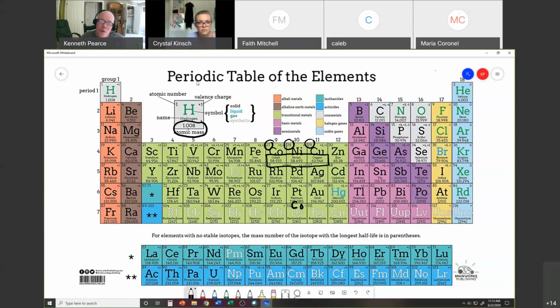Now, within the groups, and we just covered this in chapter 6, within a group, they have the same outermost electrons. They have the same valence electrons. Like, for instance, the nitrogen group would be what?